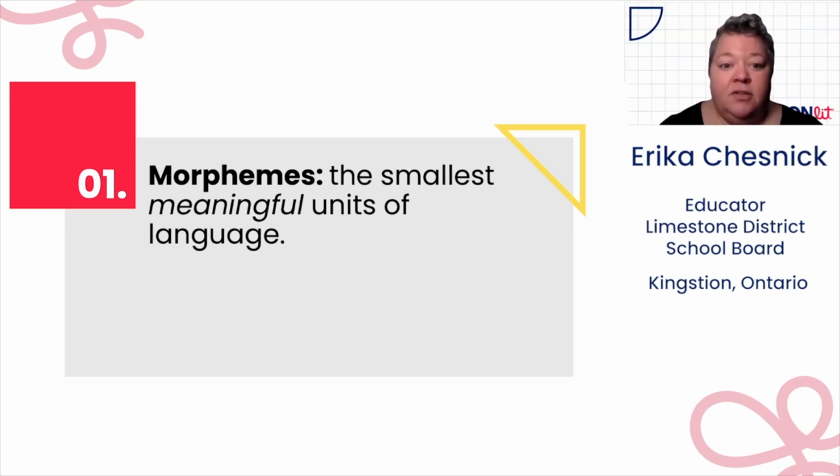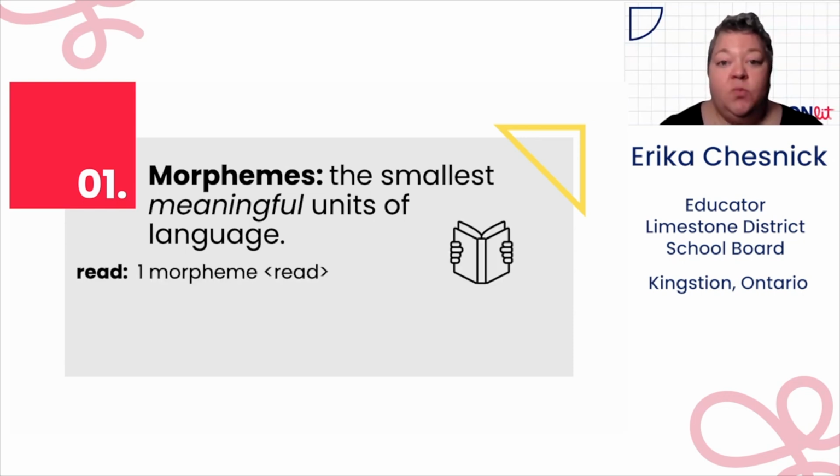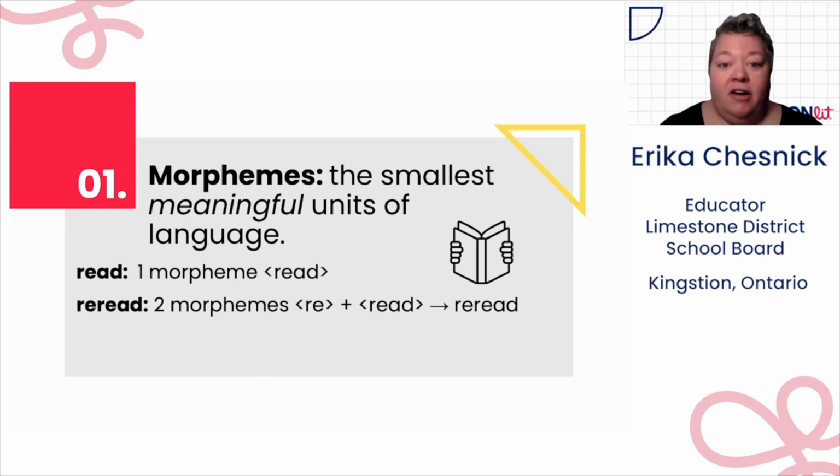For example, the word read contains one morpheme, R-E-A-D. However, if we layer on the prefix R-E, or re, the word now contains two morphemes, R-E and R-E-A-D, to make reread. The morpheme re has meaning. In this case, it means again.